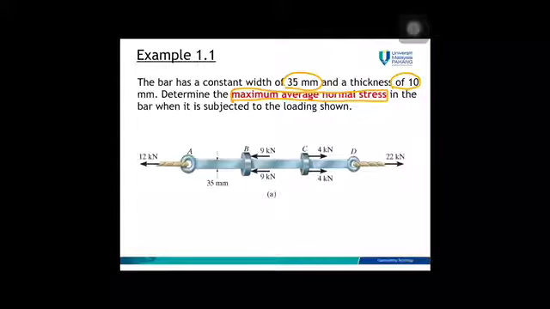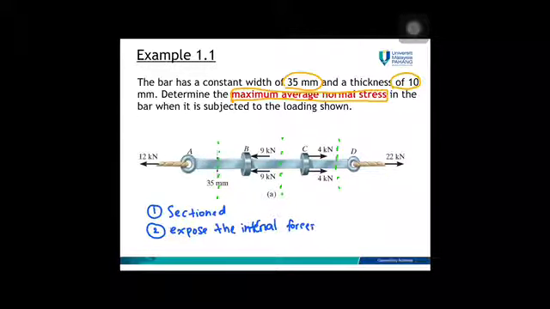Section or cut the segment. Second, expose the internal forces. And then calculate the stress.